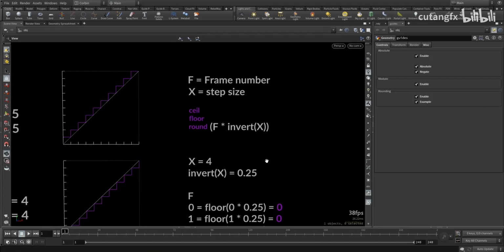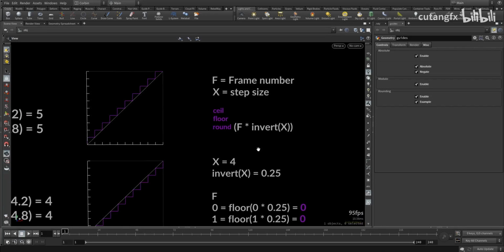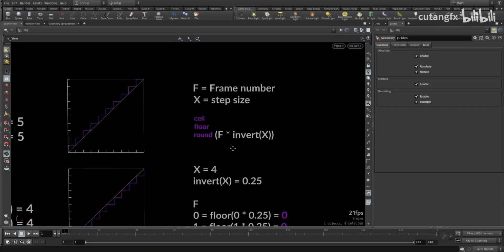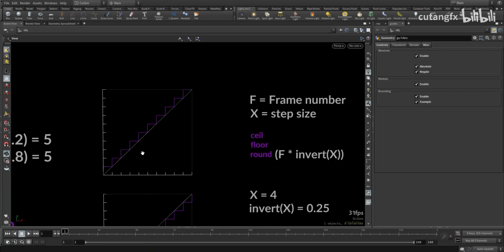And we just keep going. We can do that by simply using rounding, but also we need to use some invert, which we've already learned about, and some multiplication. Really simple. We have our frame number, so let's call frame number F. As we move our frame number, whatever is there is F. And then X is our step size. In this case here on the left, these are a step size of 1.